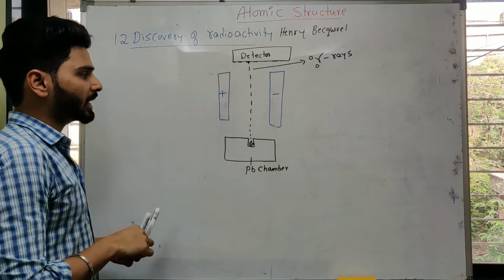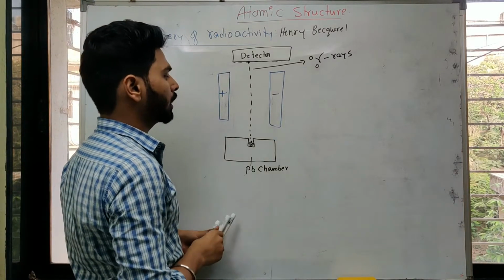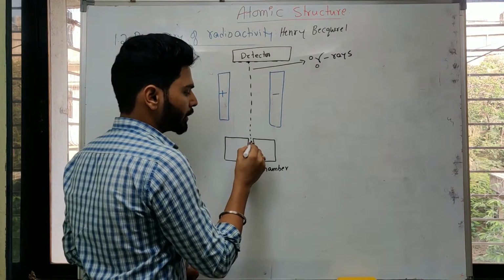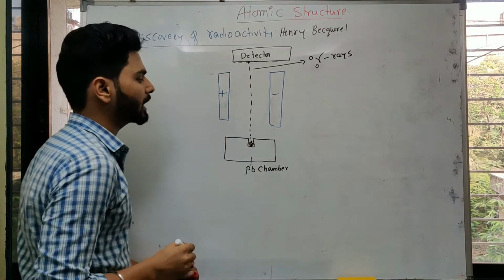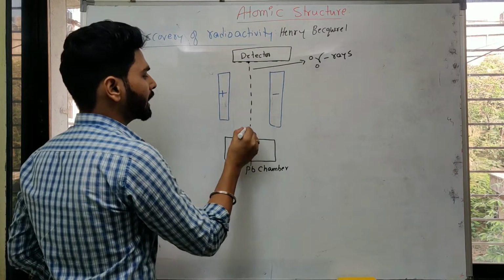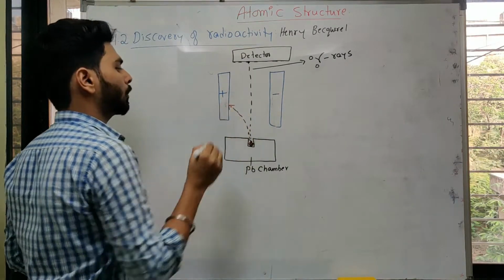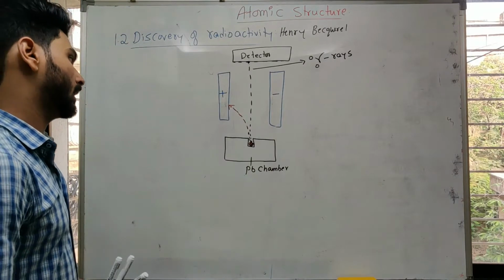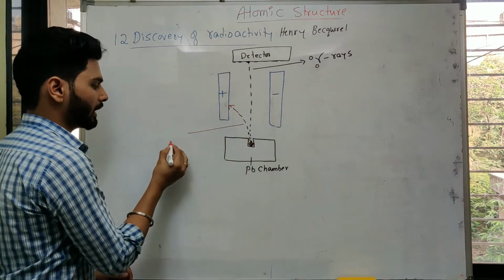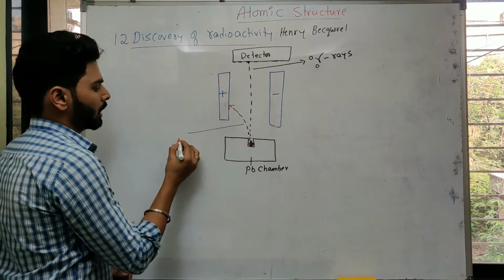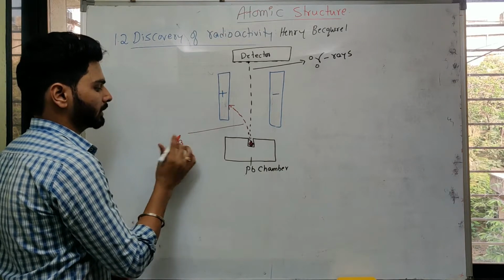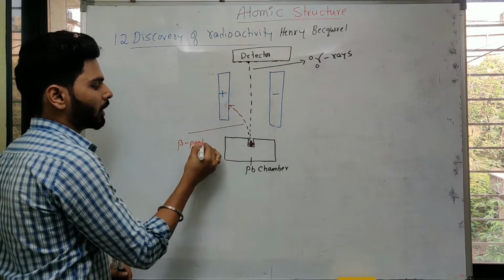But other radiations were also understood. For example, there are some radioactive elements whose ejected radiation deflected towards the positive terminal, indicating that they are negatively charged, called beta particles. Now why are they called particles?